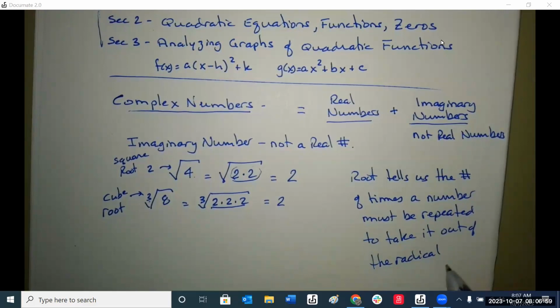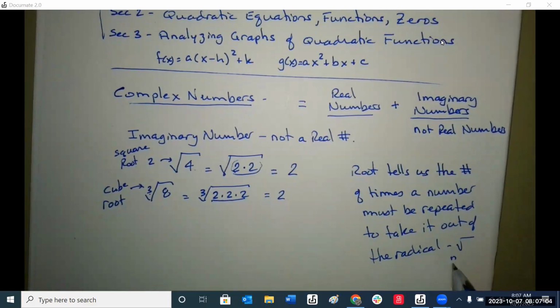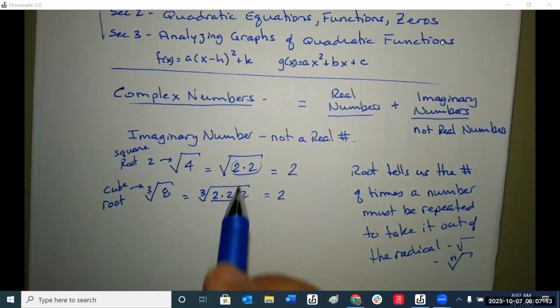The radicals are these symbols. Those are radicals. And n could be any number, 2, 3, 4, 5, whatever. All right, so that's what I said here.